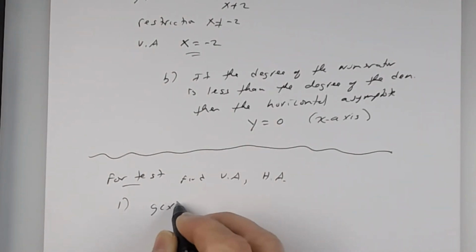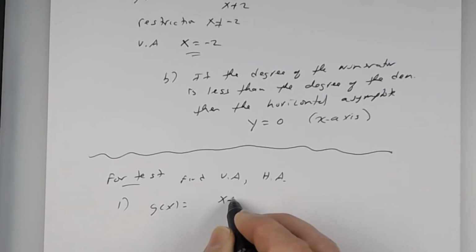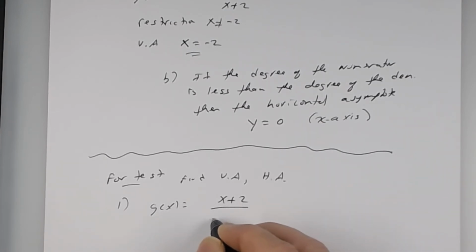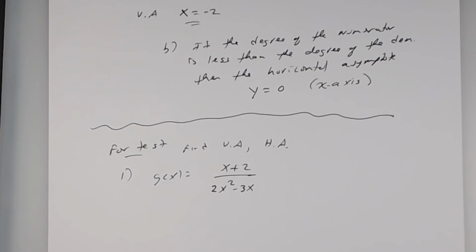All right, g of x equals x plus 2 divided by 2x squared minus 3x. I want to do the vertical as well, so I have to make the denominator easy. All right, here we go. Which one do you think, now that you know something, is easier to find in this case, the horizontal or the vertical?